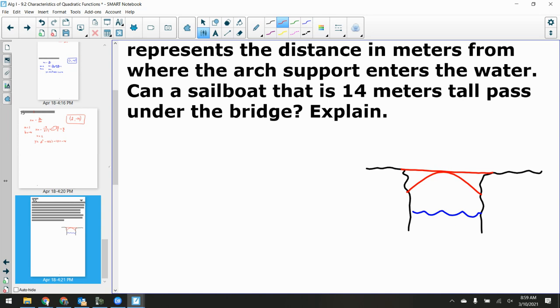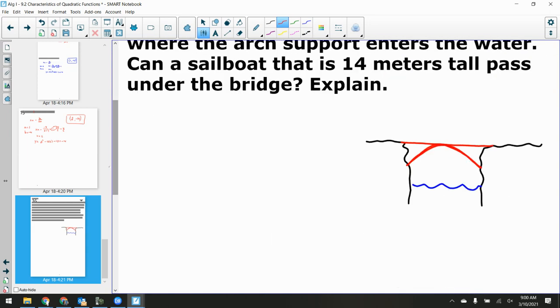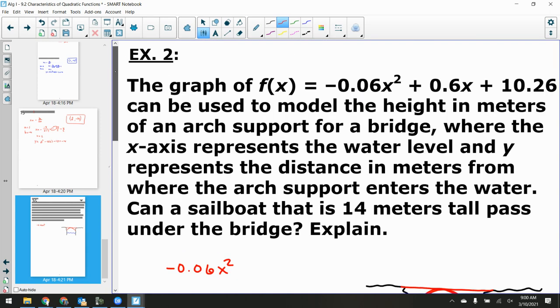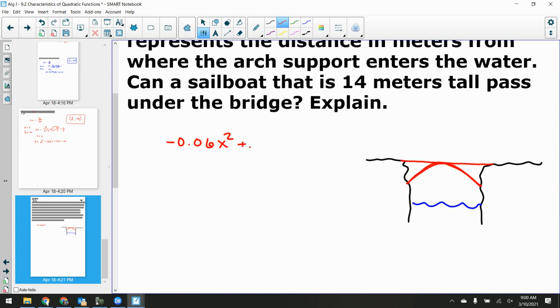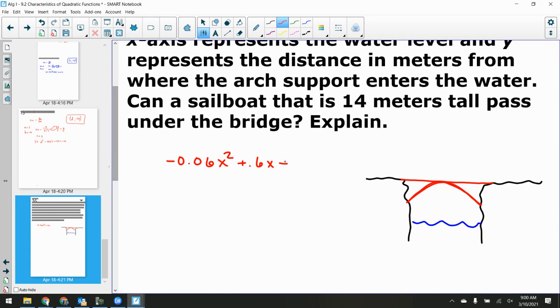So it's saying that is modeled by this equation, the negative 0.06 x squared plus 0.6 plus 10.26. Does it make sense? Look, negative a value facing downward, right?